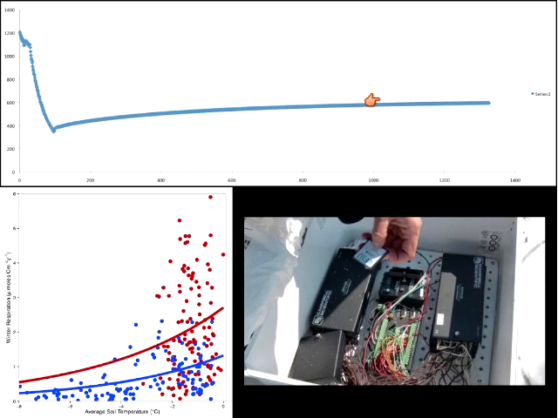The lower left-hand side here is simply a graph showing the soil temperature against the amount of carbon dioxide produced by the microbes. What this graph simply shows is that as you increase soil temperature, you increase microbial respiration. The blue one is the control, and the red one here is the warming side.